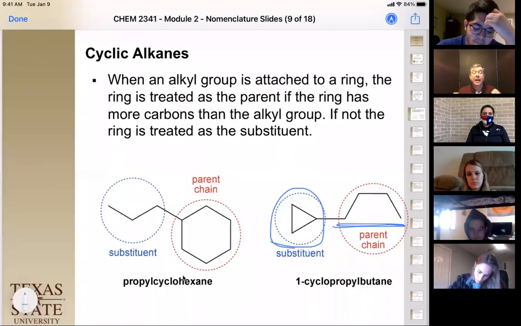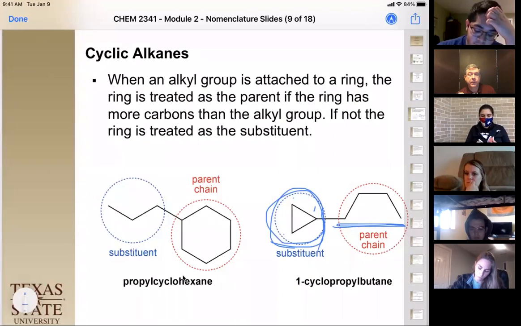Those 4 carbons now are the longest chain, and therefore they count as the parent chain, and our cyclic group counts as our substituent. Okay, you don't go, oh, well, 8, 9, 10, 11. It's not that, because you have to identify that cyclic group as separate. So it becomes a substituent if it's smaller than the straight chain. If the cyclic group is bigger than the straight chain, the chain is now the substituent.